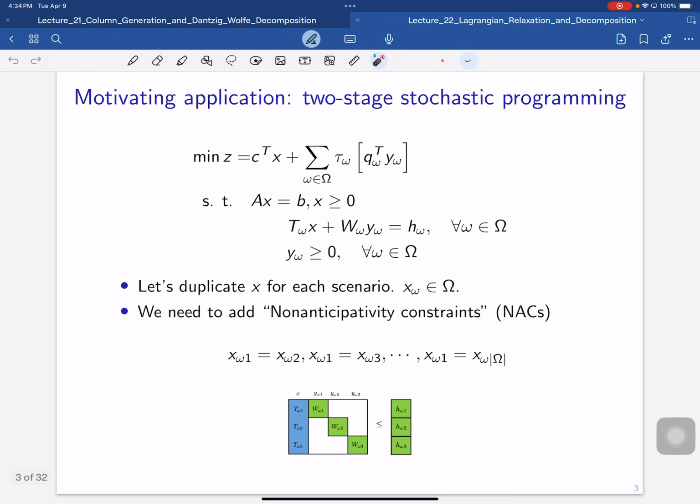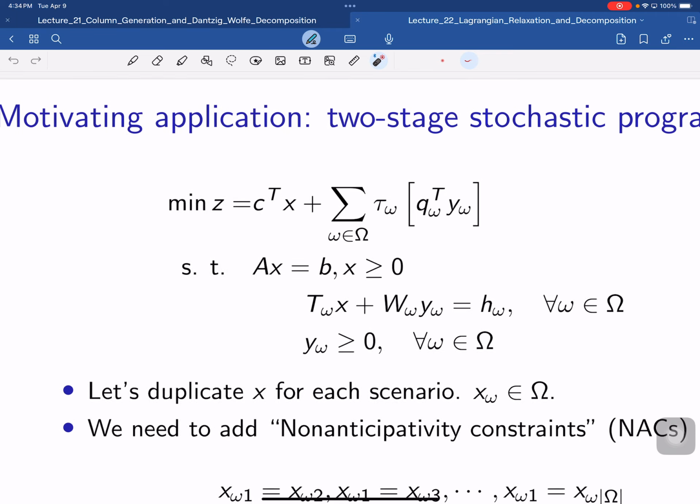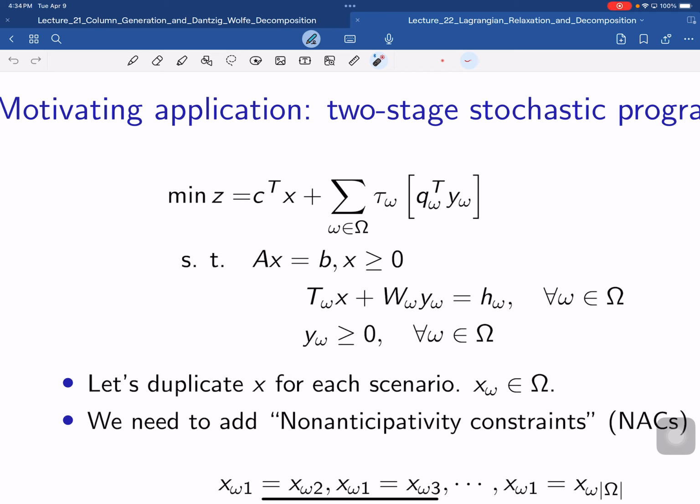Let's show some motivating application. Let's continue using the motivating application of two-stage stochastic programming to motivate Lagrangian relaxation. Just to recall the formulation of two-stage stochastic programming, we have x as the first stage variables and y omega as the second stage variables in a given scenario omega.